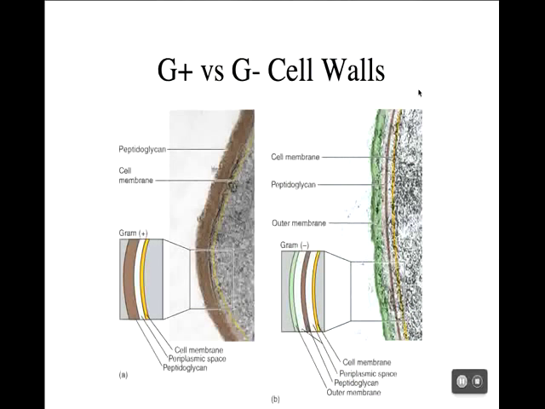Here's another view to compare gram-positive versus gram-negative. On the left-hand side here, a gram-positive cell wall. In yellow is the membrane. One membrane in a gram-positive. In brown is this thick layer of peptidoglycan, very, very thick. You can't see them here, but indeed there would be teichoic acids that are attaching that peptidoglycan to the cell membrane.